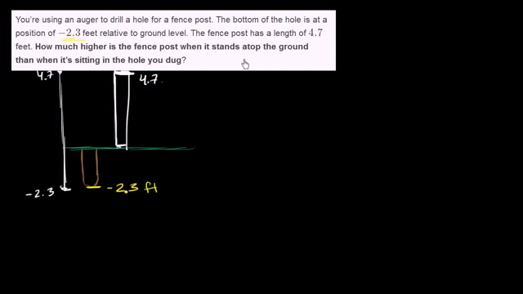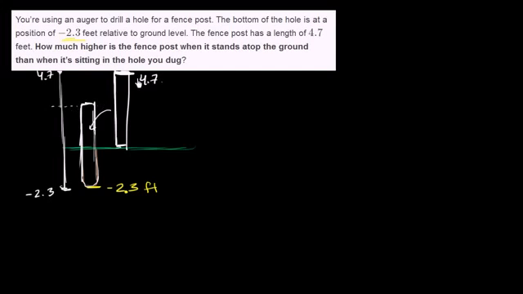How much higher is the fence post when it stands atop the ground than when it's sitting in the hole you dug? So when you put this fence post in the hole you dug, it's going to go down 2.3 feet. You could figure out what this height is, but they're not even asking us this height above ground level.